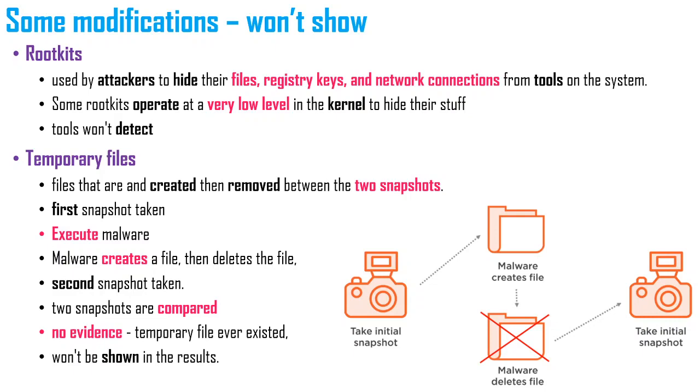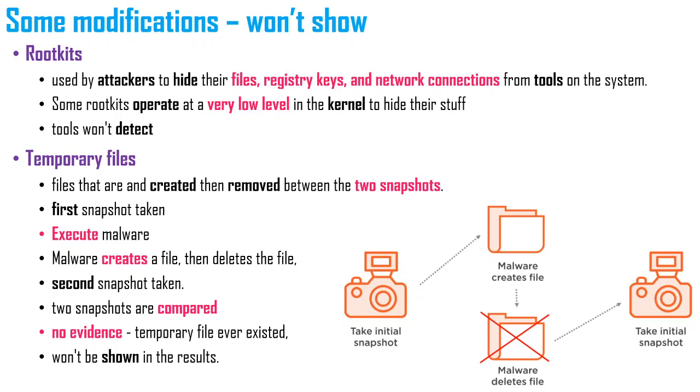The second one is temporary files, which are nothing but the files that have been created and removed between the two snapshots. A folder has been created, and during execution some file will be dropped in that temporary folder, and then the folder is deleted.